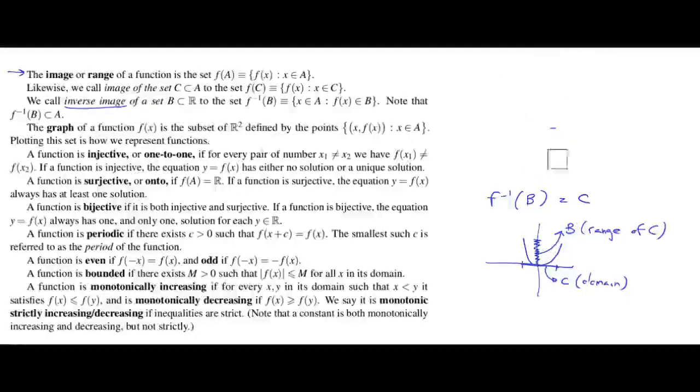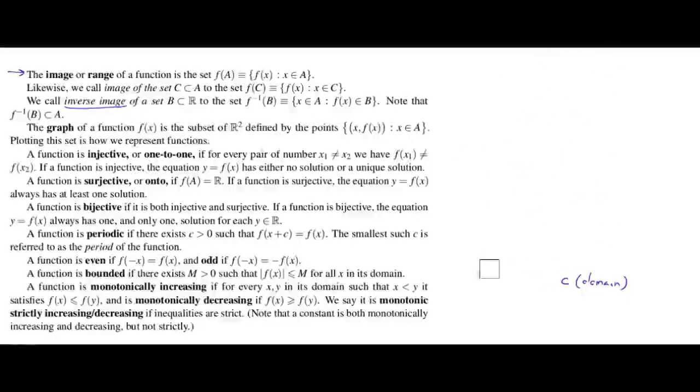So let's see. The graph of a function f of x is what I've been doing here. It's the subset of R2, the plane, the two-dimensional plane, defined by the points x, f of x, when x belongs to A. What this is saying is that you take a point x, and then you assign this value, this is f of x here.